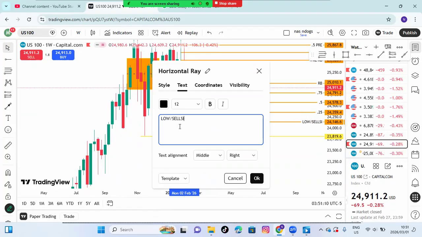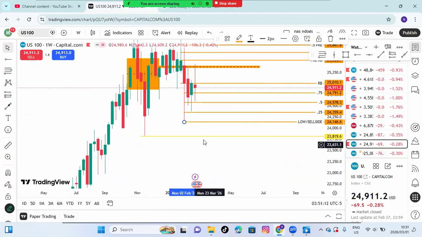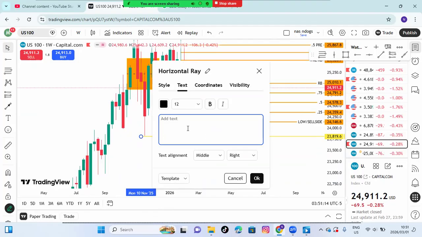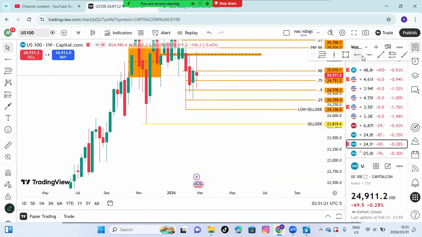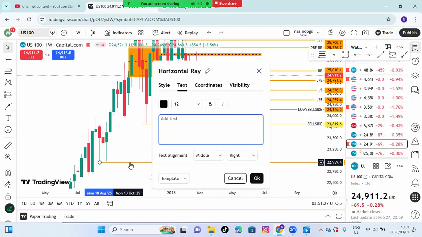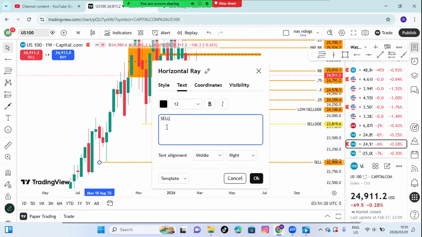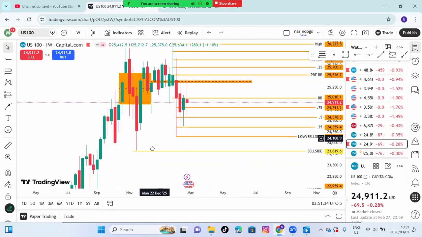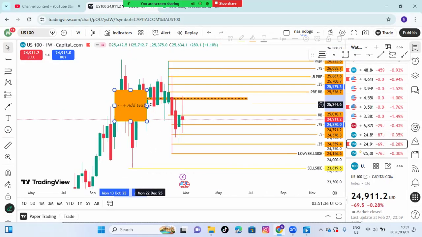Even here, this is sell side. So just seeing all sell side because of the quarterly shift, right? Just anticipating bearishness here on the Nasdaq. And then also cementing that idea of bearishness.